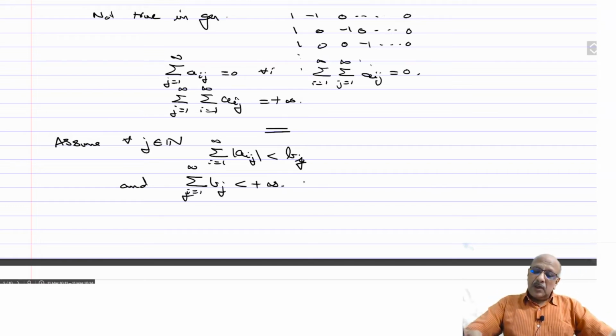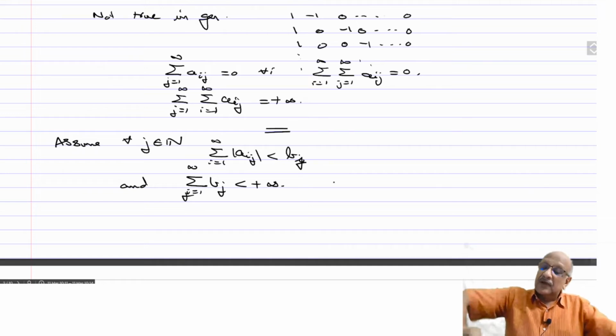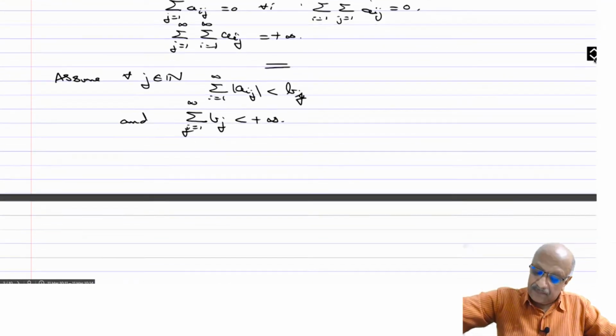So we assume these two conditions: for every j, the sum of mod a_ij is convergent and bounded by b_j, and the sum of b_j is itself a convergent series.